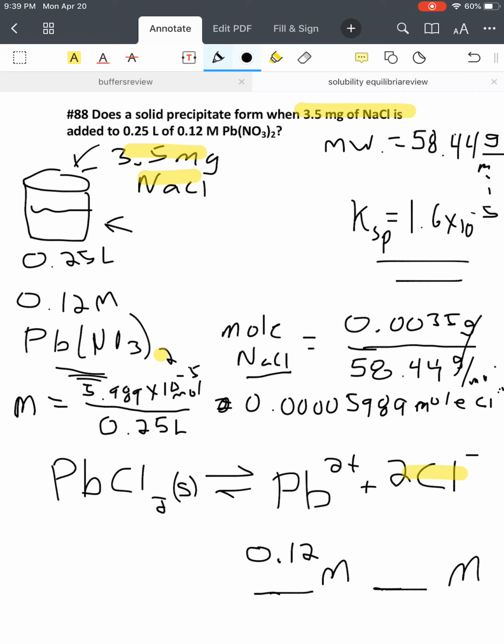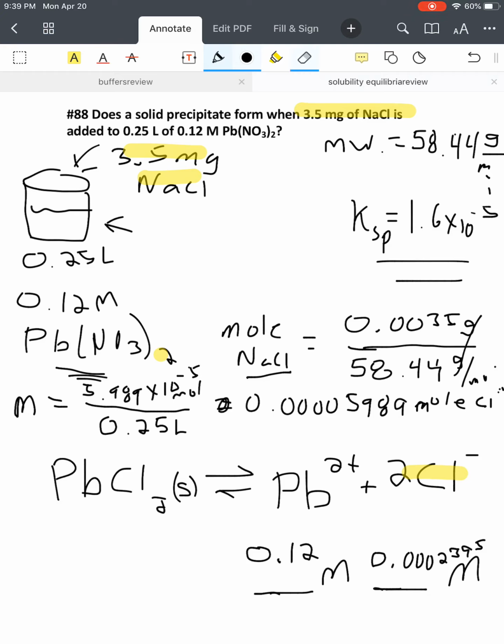So I'm going to use that initial volume as my final volume as well. And I'm going to take my number of moles and divide it by 0.25. It's essentially like multiplying by 4. And when I did that, I find that the initial molarity of the chloride is 0.0002395 mole per liter. Well, that's a molarity, isn't it?